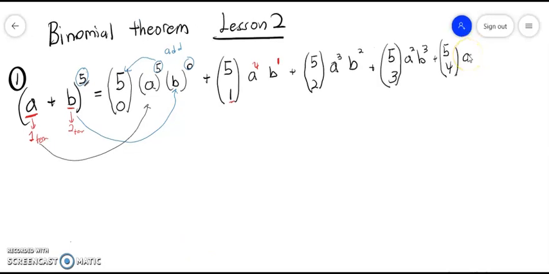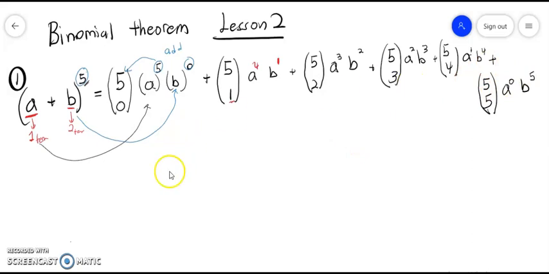Now A, the power here will be 5 minus 4, so you get 1, and the B will be 4. The last one, I don't have enough space, so I'll do it down here. It becomes 5, 5, so now B is 5 and A is 0.